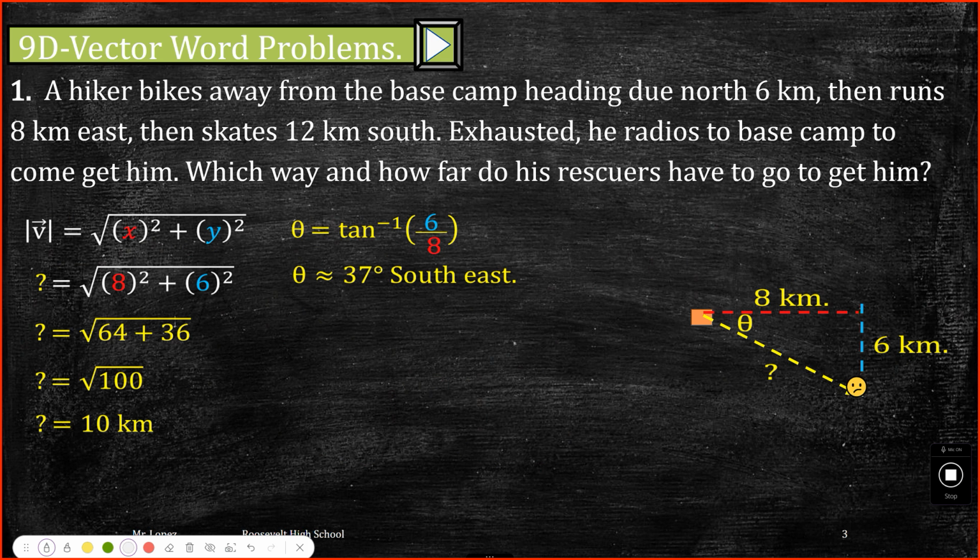So theta is 37 degrees southeast, directly at 10 kilometers away from base camp. That is pretty much the lesson. We'll do one more. Let's do one more, and that would be it.